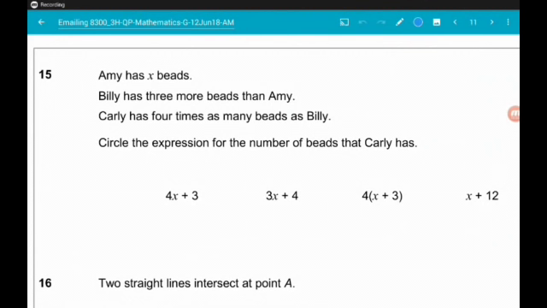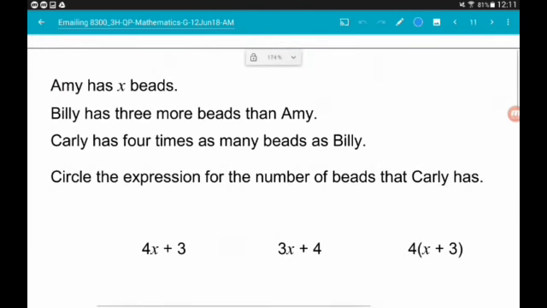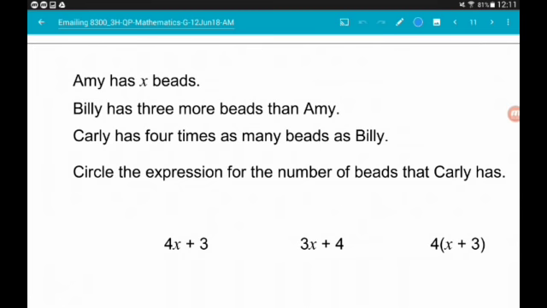Question 15. Amy has x beads. Billy has 3 more beads than Amy. Carly has 4 times as many beads as Billy. We want to circle the expression for the number of beads that Carly has. Starting from the top, Amy has x beads.